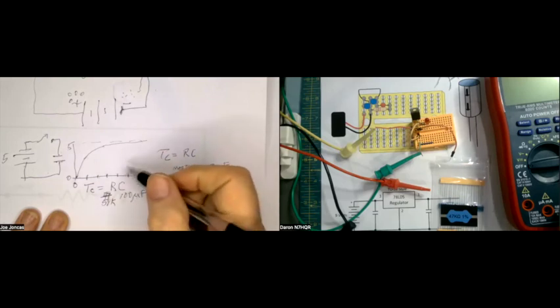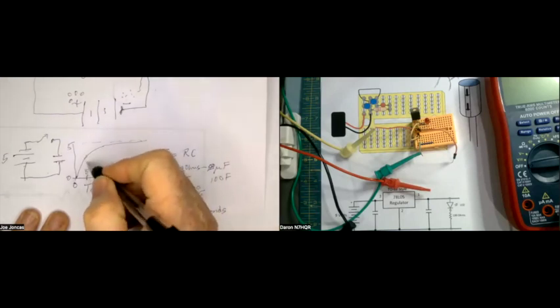I've got some pictures that are actually nicely done, but if this is 5 seconds, 10, 15, 20, 25, 5 seconds comes to this point right here, which should be 0.62, right?